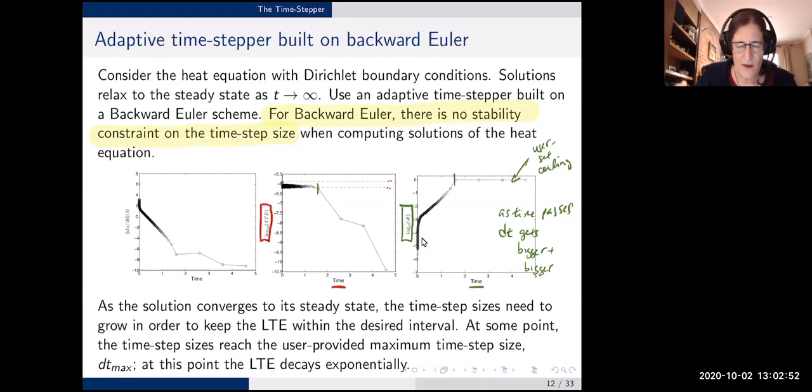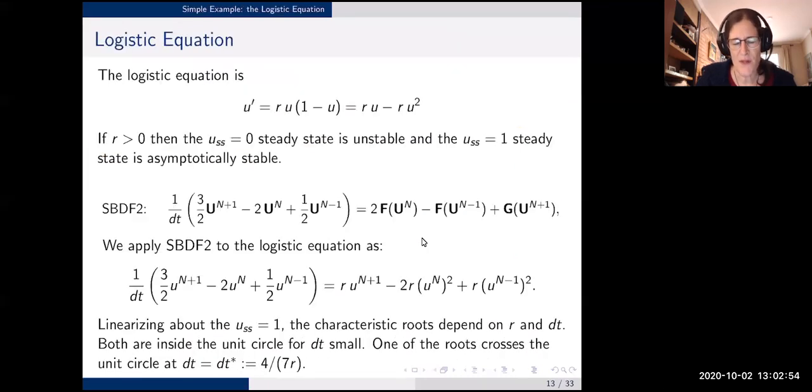Now, I'm going to apply the adaptive time stepper to something slightly more complicated than just a linear equation. This is the logistic equation. You know it if you've taught ODEs.